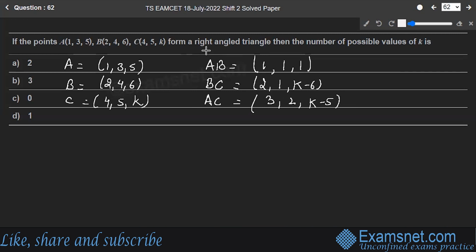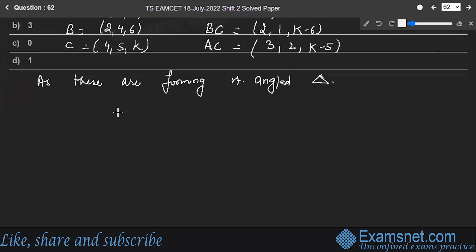Now, because they are forming a right angled triangle, therefore the dot product of AB and BC is equal to 0, right? So let's form the dot product AB into BC.